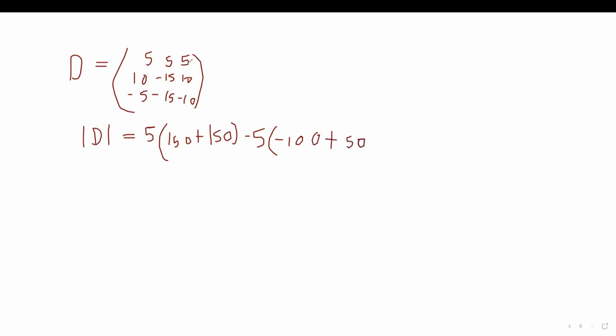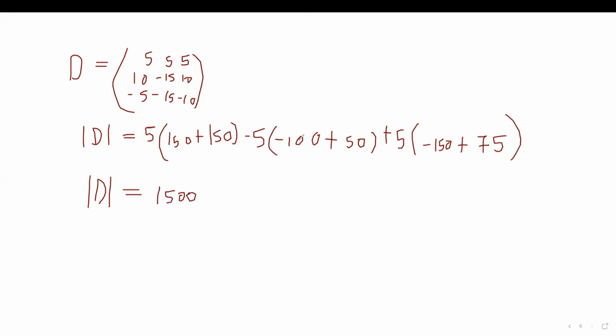And then finally, this one, cross out this and this. That's going to be minus 150 plus 75. This is plus 5 times minus 150 plus 75. All right, nice. So now we just need to hurry up and work this out. So what we're going to get is the determinant of the matrix D is equal to 300 times 5 is 1500.